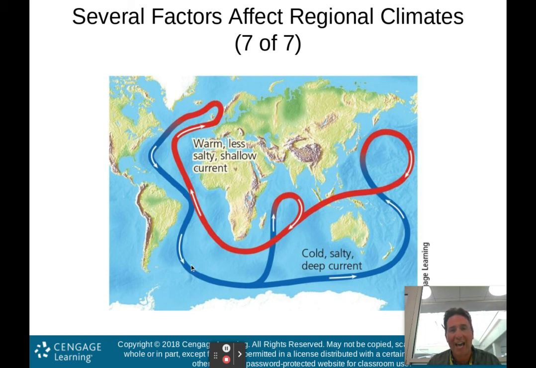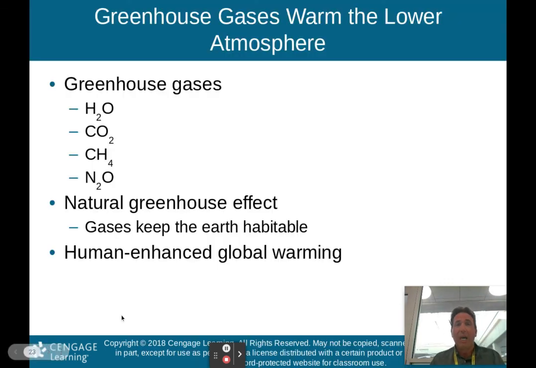Moves cool water south. What happens when cool water gets south? It gets hot again, right? And moves north, et cetera, et cetera. And this also helps affect our regional climates by distributing the amount of heat on Earth, trying to distribute it more evenly around the Earth, and that obviously affects your climate as well.